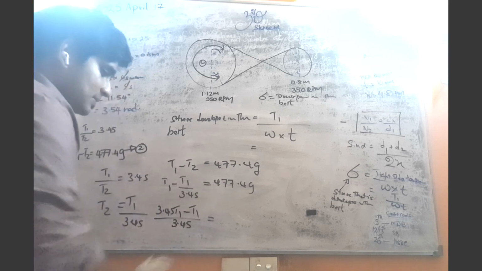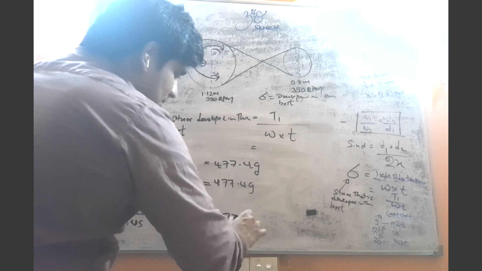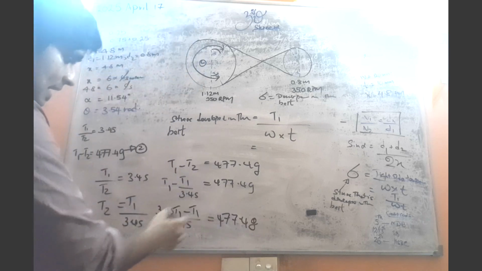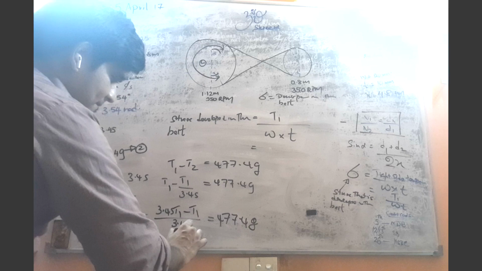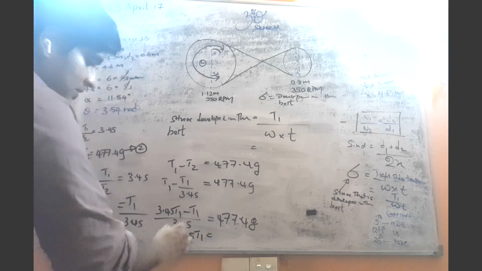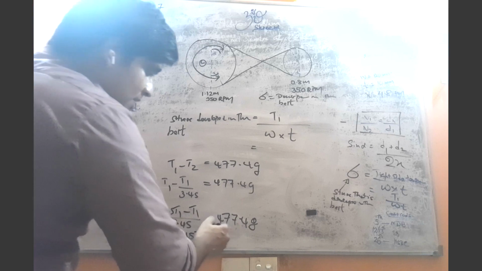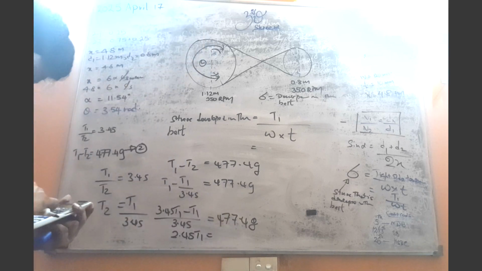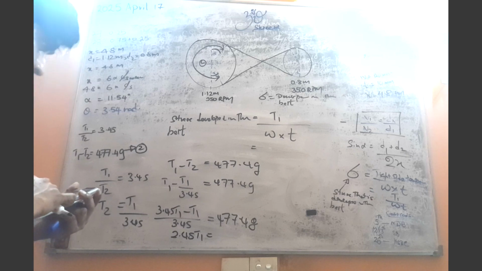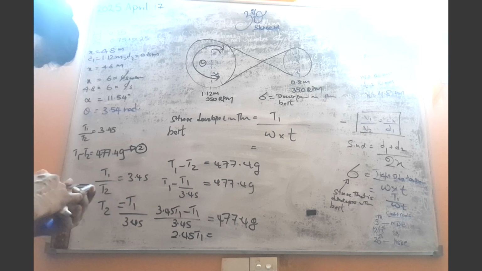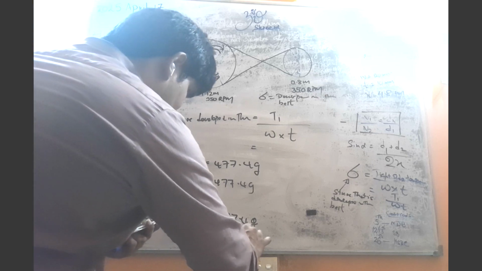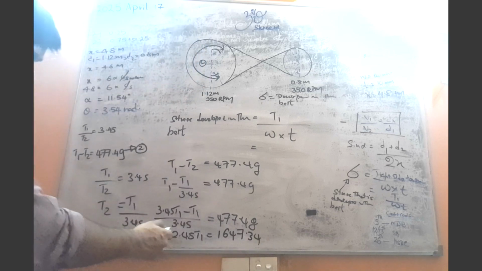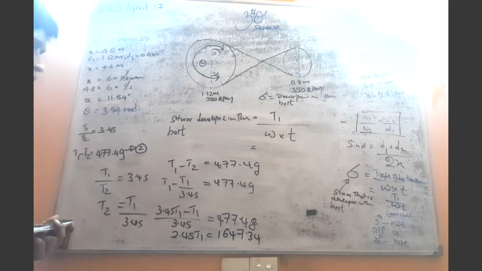I'm writing all the steps, but you must know all these steps. Then this minus that: 3.45 T1 minus T1 will be 2.45 T1, which equals the product of 3.45 times 477.49. So 477.49 multiplied by 3.45 is 1647.34, which equals 2.45 times T1.